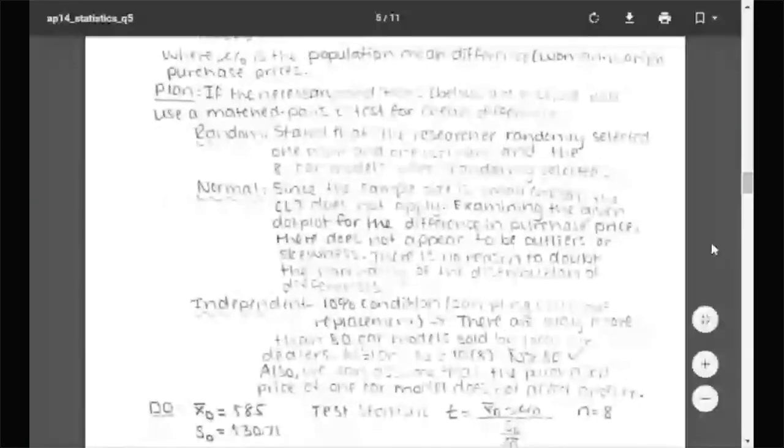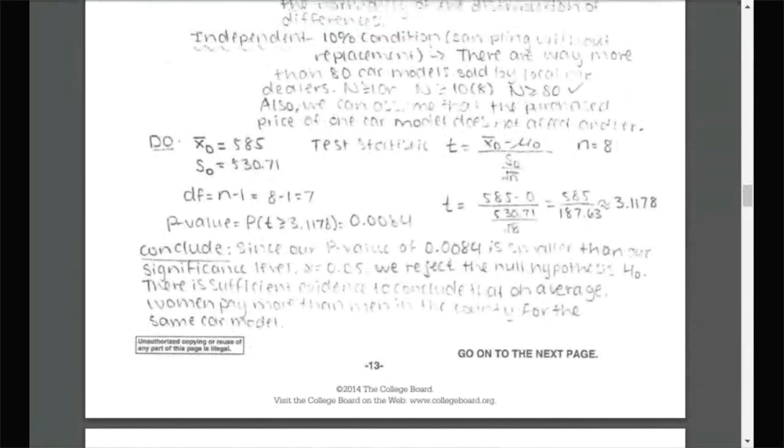They've put all the data on their page, they didn't even use the calculator, they did it by hand. But that test statistic and p-value is what we got from our calculator. And since our p-value is smaller than our significance level, we reject the null hypothesis. There is sufficient evidence to conclude that on average, women pay more than men. So, you know, they give you a full page or two for a reason.